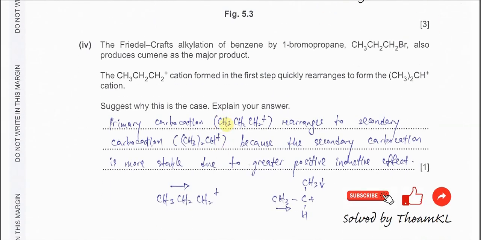For the alkylation of benzene by 1-bromopropane, it also produces cumene as the major product. This primary carbocation, CH3CH2CH2 positive, formed in the first step is quickly rearranged to form the carbocation that we used for the mechanism just now.